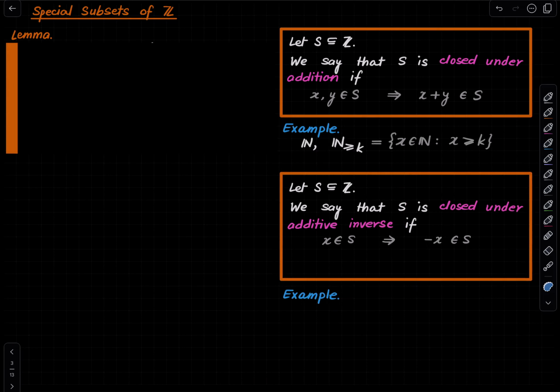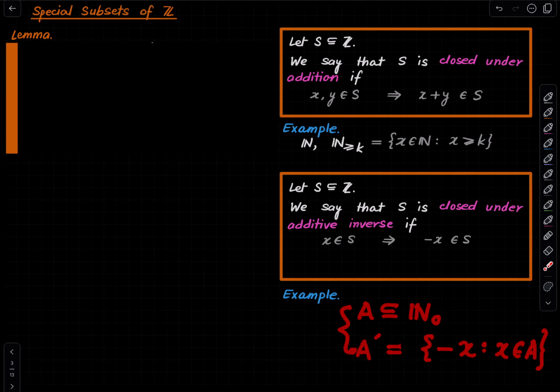Examples, well, I do not want to give any concrete examples, but there is essentially just one way to build them. You first pick any subset of natural numbers, or if you want, you can pick a subset of whole numbers. Then what you do is you construct its ghost copy, meaning construct the set of all the additive inverses of it, and then take the union of these two things.